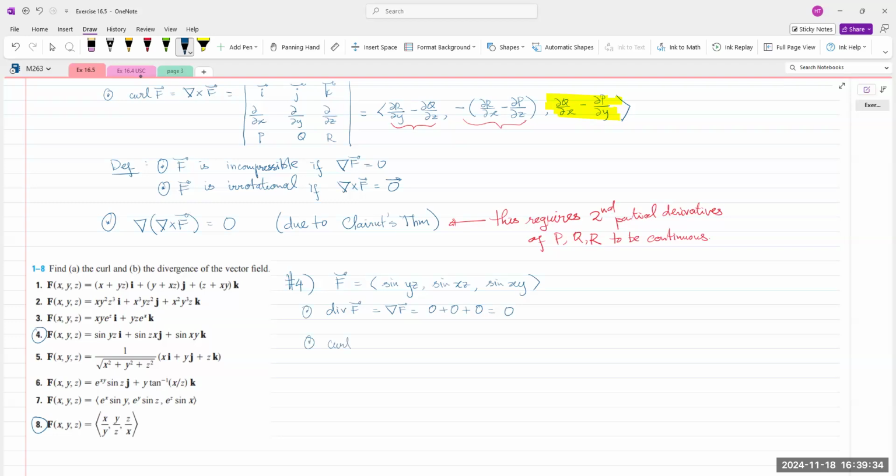The curl of F, which is the gradient cross vector field F, that's i j k of dou x, dou y, dou z of P, Q, R. Let me move this a little bit to the right.